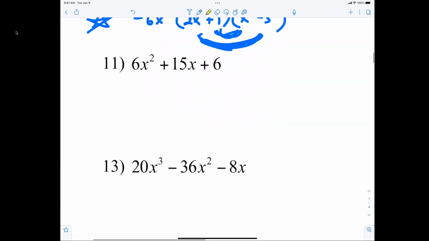GCF for number 11. What is it? 3. What's left? 2x squared plus 5x plus 2. Beautiful.